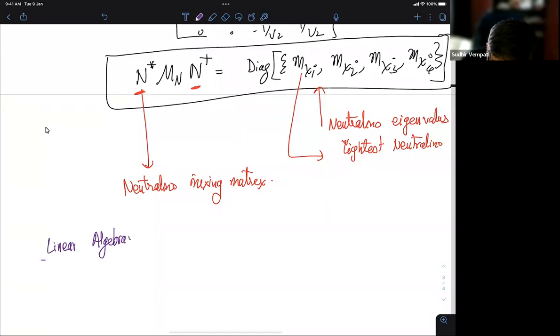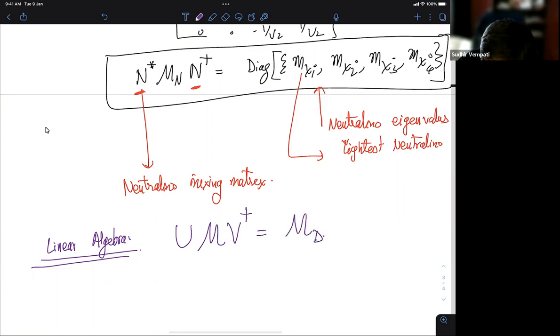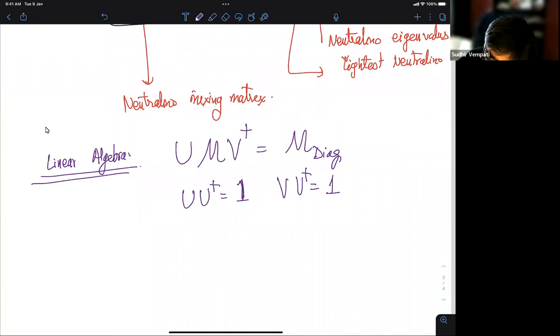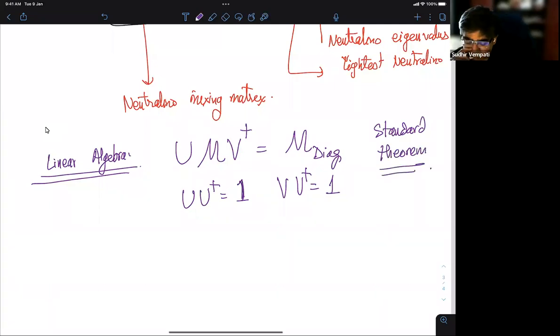It tells you that if you have a complex matrix, you can diagonalize it by two unitary matrices such that UU dagger is equal to 1 and VV dagger is equal to 1. This is the standard theorem of linear algebra, which you can find in various places.